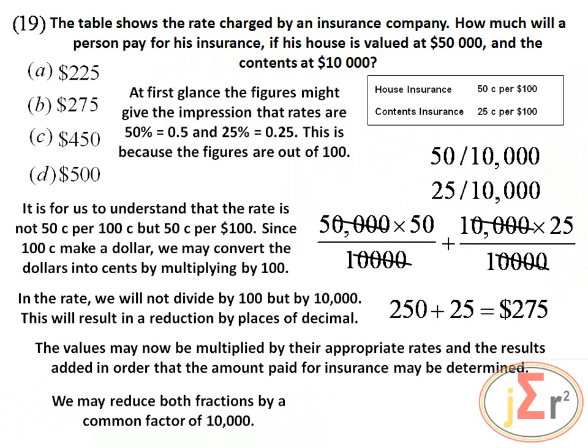Here we have 5. That is the only thing that is left in this fraction. 5 multiplied by 50, that is 250. And we have 1 multiplied by 25, and that is 25. 250 plus 25 is equal to $275. The correct answer is option B.